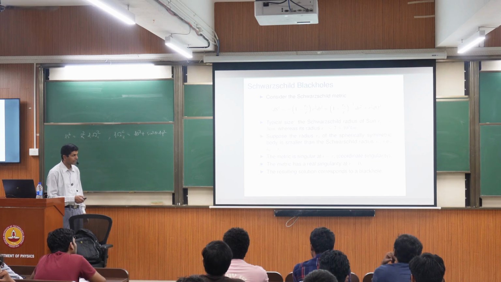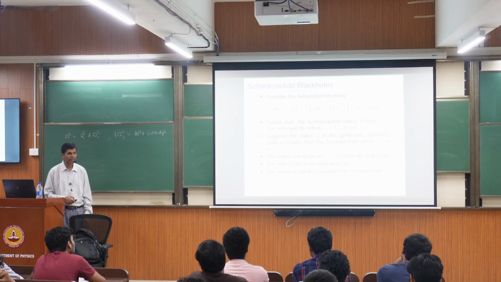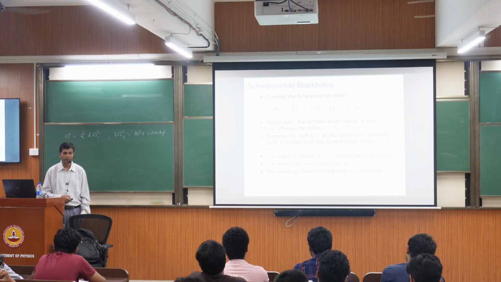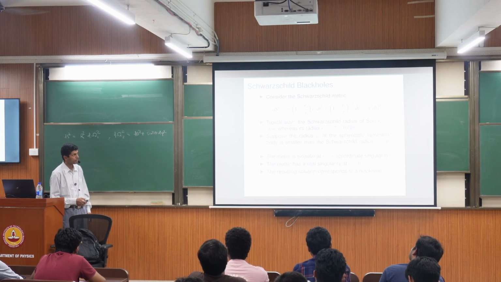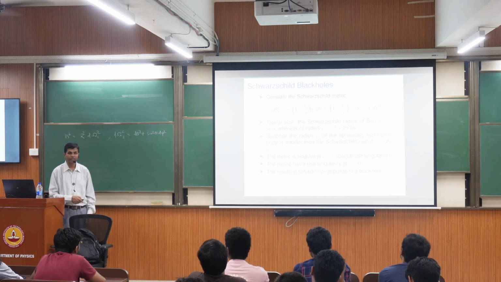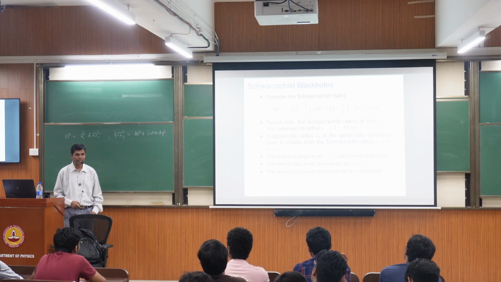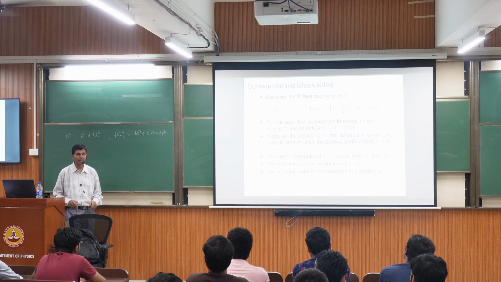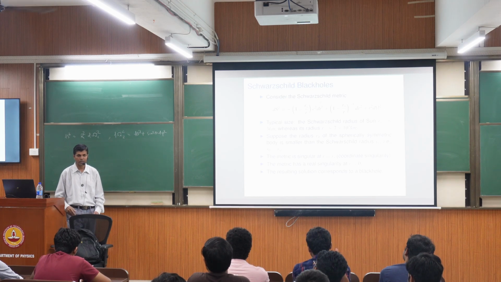But in the special case where the size of this object is smaller than this parameter Rs, this is not so well behaved, because you can see there is this term here with minus 1 to the minus 1 power, and at some point this quantity becomes infinity. So this actually diverges. When this happens, you call that a singularity. So the metric is not well defined. It either becomes 0 or it becomes infinity.